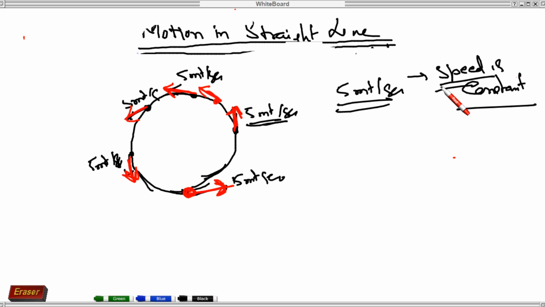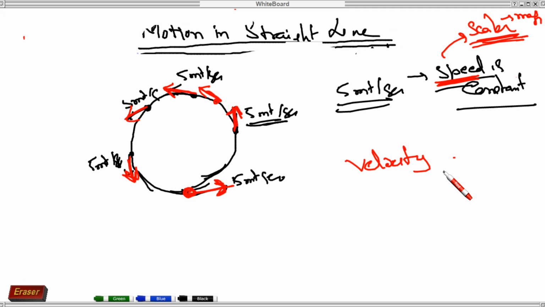So speed is what? A scalar quantity. Here we consider only magnitude. But what about velocity? It's a vector quantity, meaning it has both magnitude and direction.